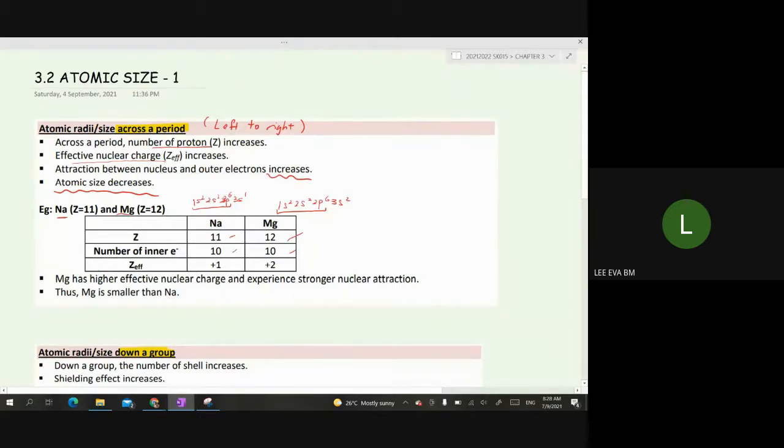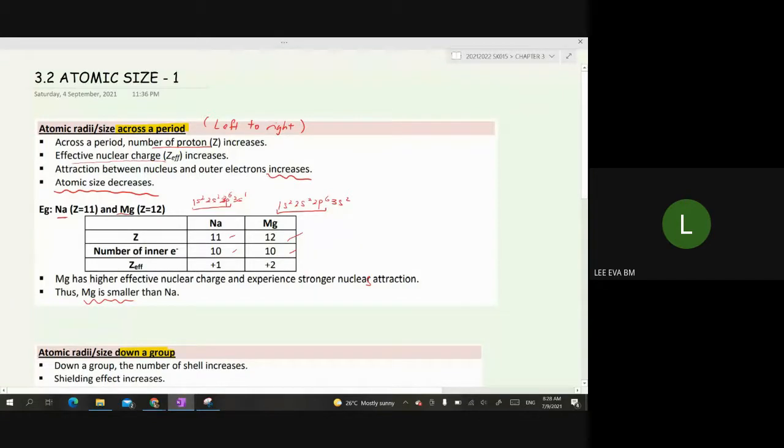Therefore, when your proton number increases, the effective nuclear charge also increases. Since magnesium has higher effective nuclear charge and experiences stronger nucleus attraction, the magnesium will be smaller.